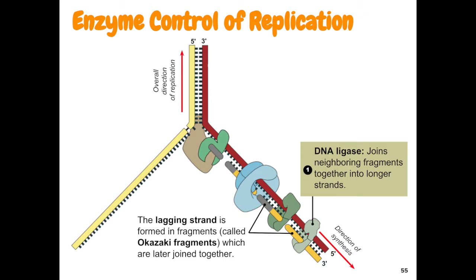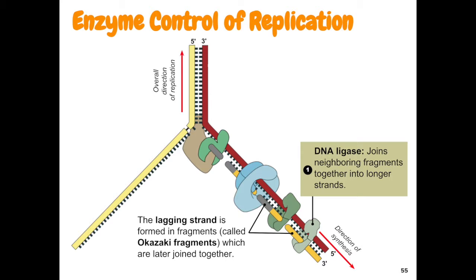And as one fragment lengthens and runs into the other, the RNA primers need to be replaced with DNA base pairs. And then that DNA ligase enzyme is going to come in and tie together those fragments. And then that strand is going to be called the lagging strand. So this is happening at the same time.